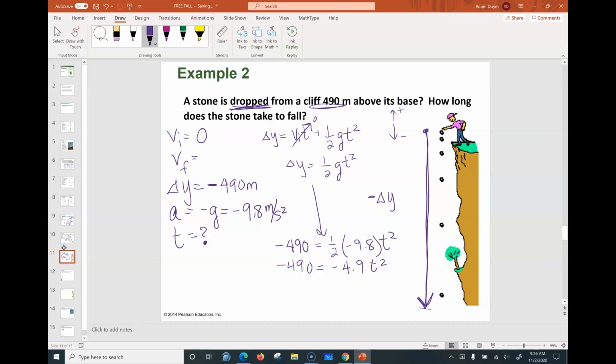And if you divide both sides by negative 4.9, you get a nice, easy t squared is equal to 100. So my t is equal to 10 seconds. It'll take 10 seconds for that stone to start from 0 velocity and go all the way down 490 meters.